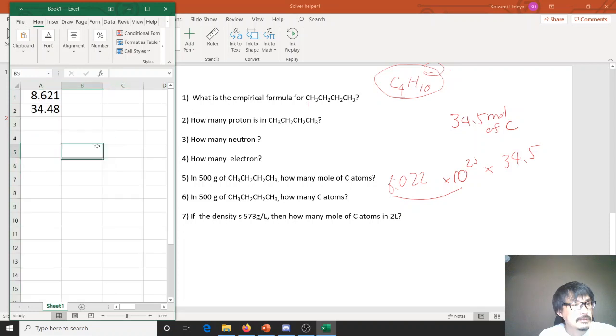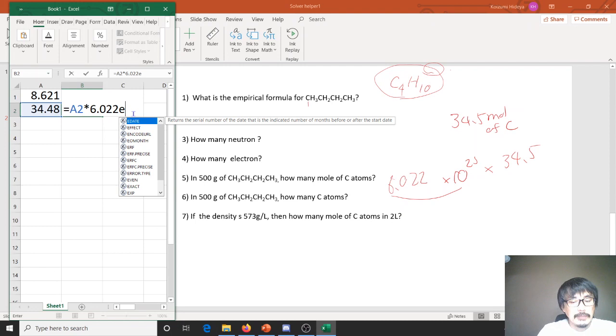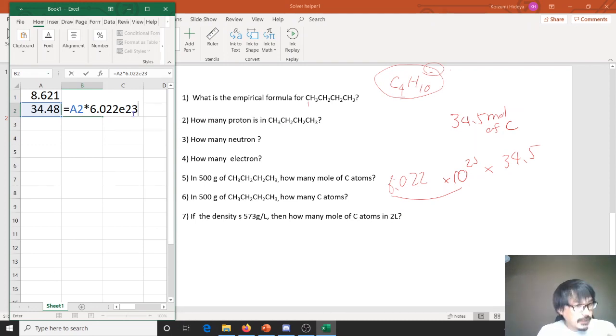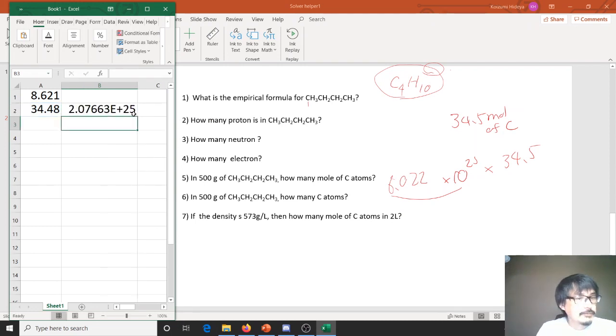So we just write out that number multiplied by 6.022 e to the 23, that's 10 to the 23, okay?